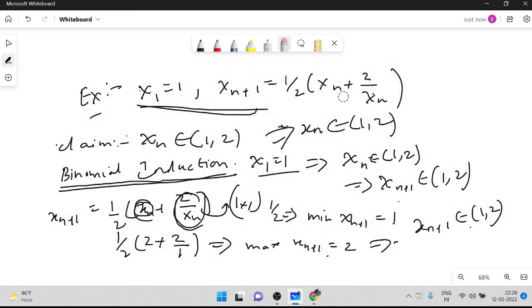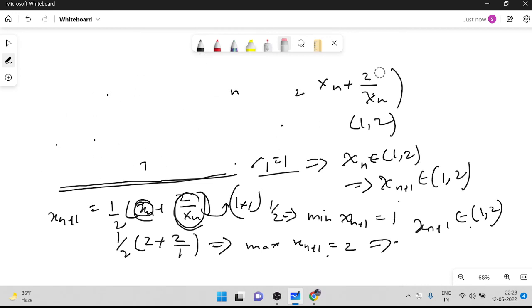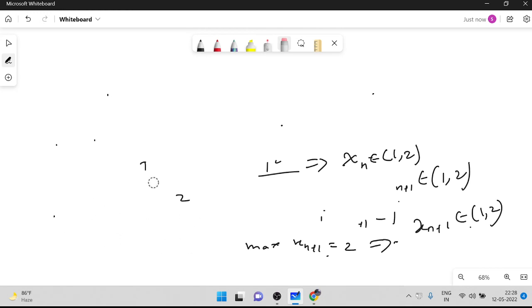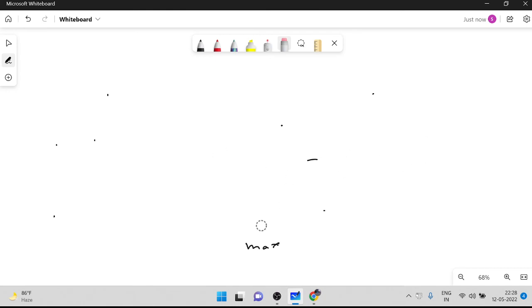So we have a sequence that is bounded below and above. Now we just need to check the monotonicity, because any monotonic sequence that is bounded is convergent. Basically showing x(n+1) is greater than or equal to xn.